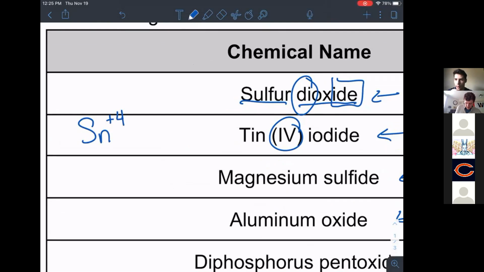And what's my charge, or how many valence electrons am I going to gain or lose with iodine? 1, because it's going to gain 1 valence electron or have a -1 charge, because remember, iodine has 7 valence electrons and all of our elements want to have 8 valence electrons, which means it wants to gain 1 in order to have a total of 8 to be stable, to be happy.